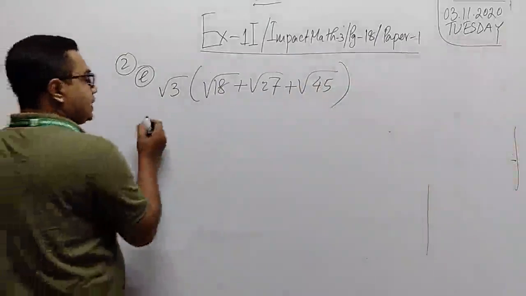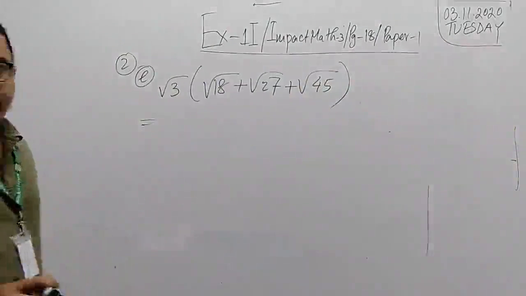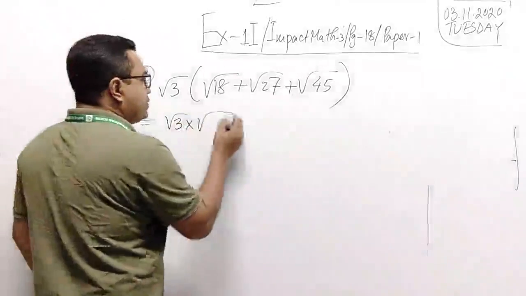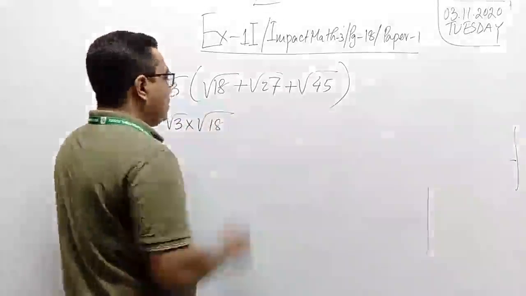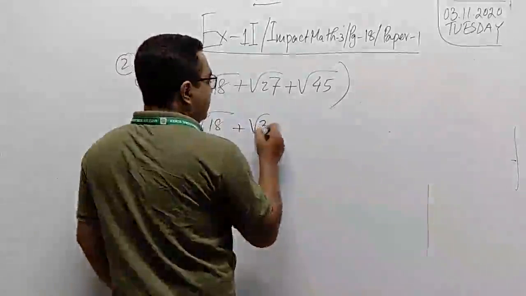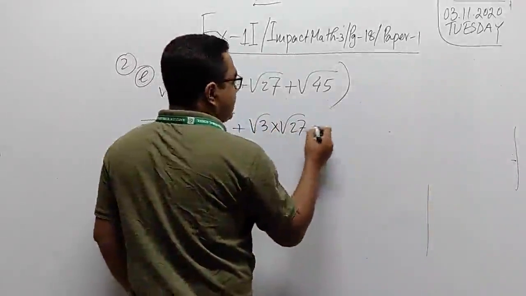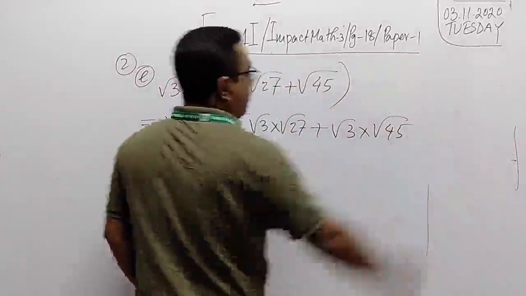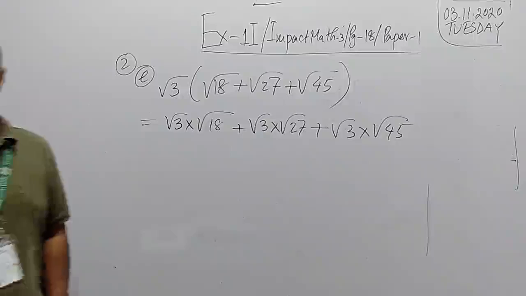Same thing. First of all, break the bracket and multiply them: square root of 3 into the square root of 18, then square root of 3 into the square root of 27 plus square root of 3 into the square root of 45. This is the mandatory part, you have to write it.